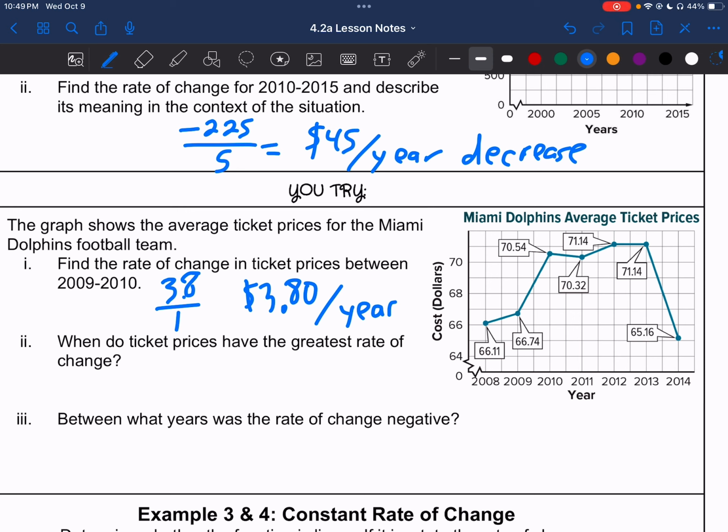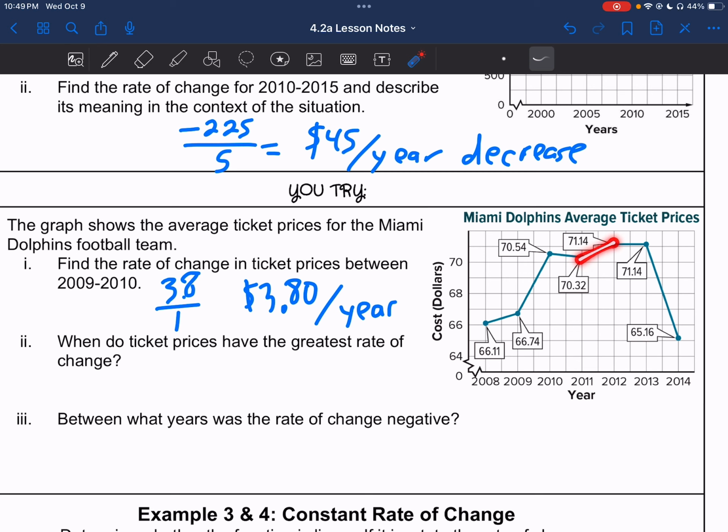Now, we want to know, when do ticket prices have the greatest rate of change? And as I look at this, from 2008 to 2009, we see that our increase is 63 cents only. And then when we go from 2010 to 2011, ticket prices actually dipped by 22 cents. 2011 to 2012, they are going up a little bit, so that's about 80 cents.